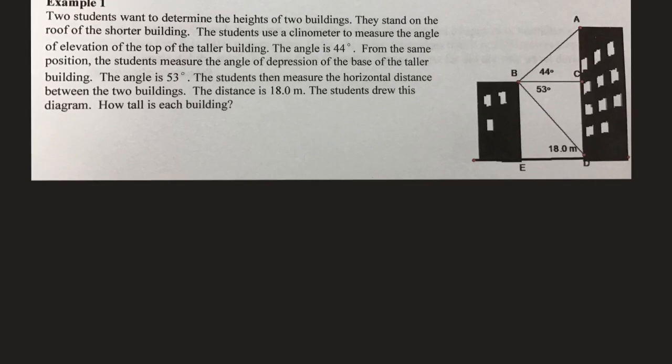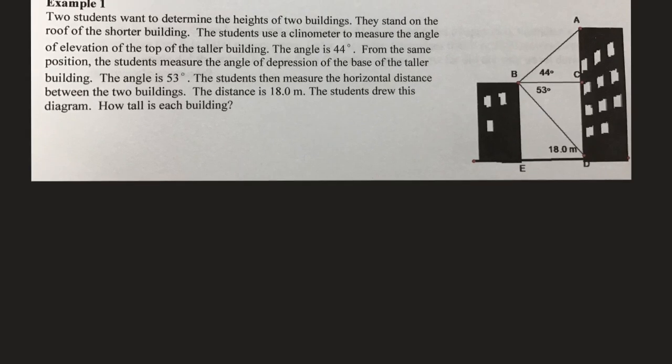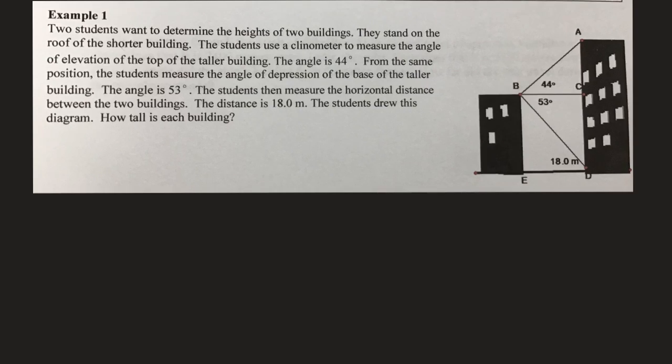So here we have an example with two buildings, and we need to find the height of both. I'm going to go ahead and label this building 1 and building 2. I need to find the height of both, and we are given the angles from the smaller building, or building 1, up, and an angle of depression downwards.